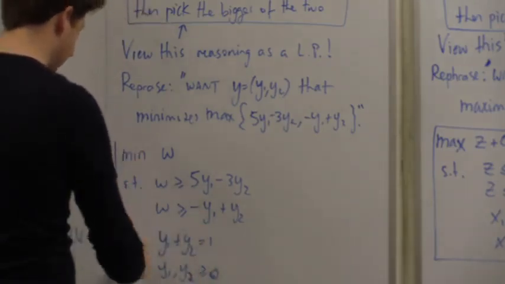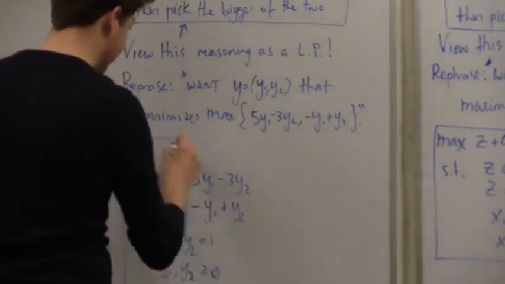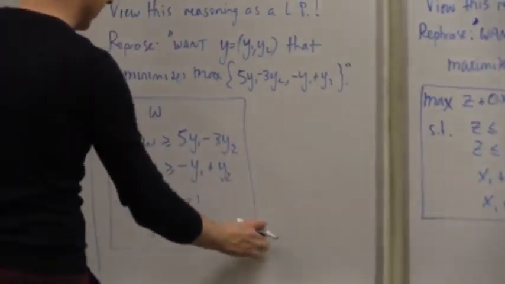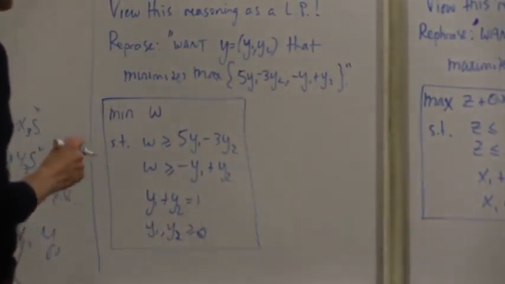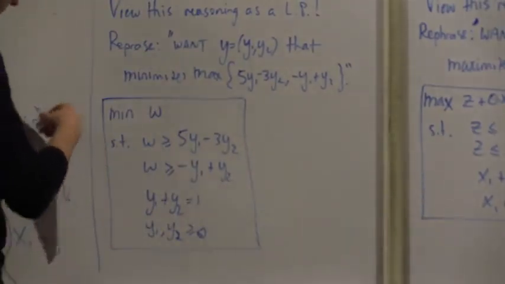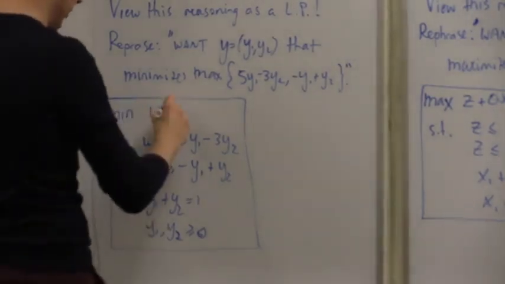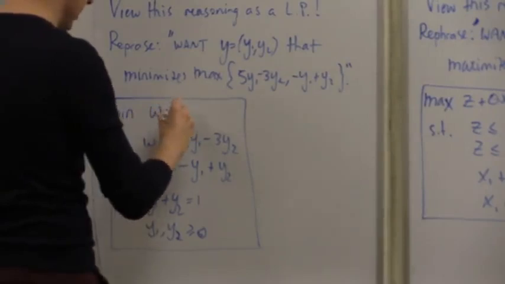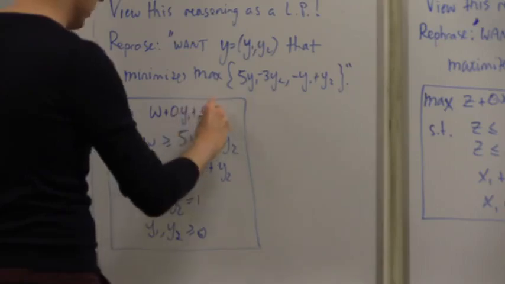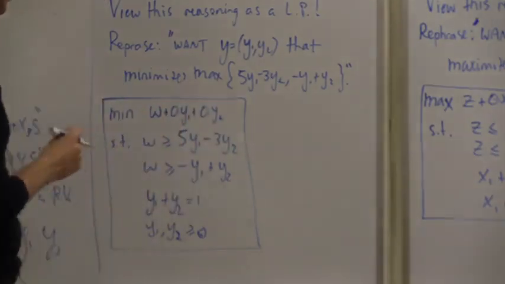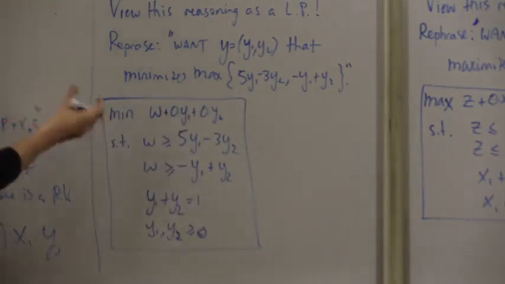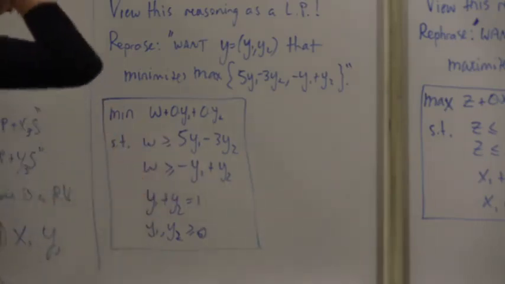Okay? So this is the linear program that represents the reasoning for the column player. Now, and again, like before, in the objective function, we also have implicitly, though they do not participate, the variables y1 and y2, they just have 0 coefficient in front of them. So the variables are 3 variables, w, y1, and y2, with these constraints.